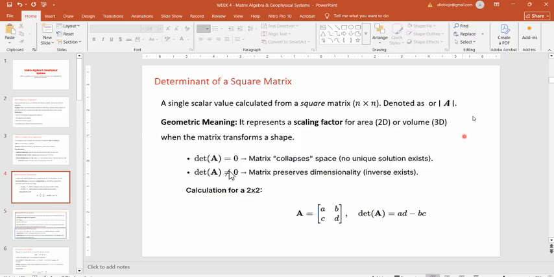So the determinant is represented by these parallel lines, then the matrix itself will be in the middle. This represents a scaling factor for a 2D or 3D volume. In 2D, we speak about area, and in 3D, we speak about volume because of the height factor.